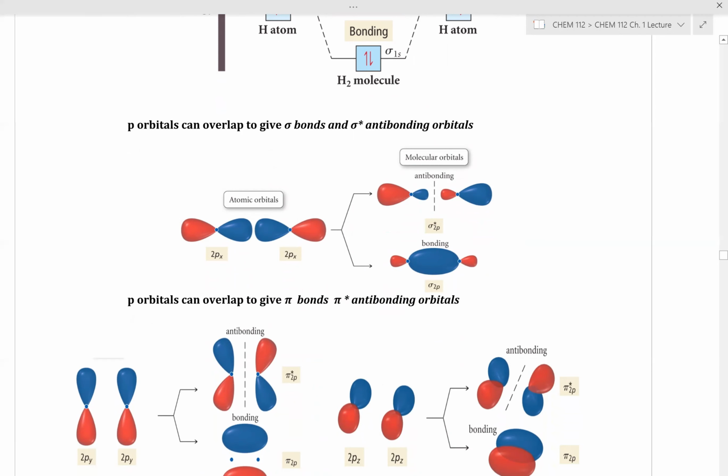So does everyone notice how our p orbitals are shaded? You have often seen me draw p orbitals with one head or one portion of the p orbital shaded in. What I am representing is the phase. So this will be arbitrarily positive phase, and this will be arbitrarily negative phase. This is phase and not charge.